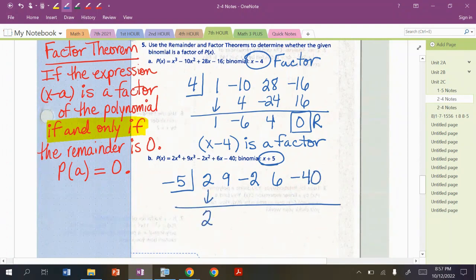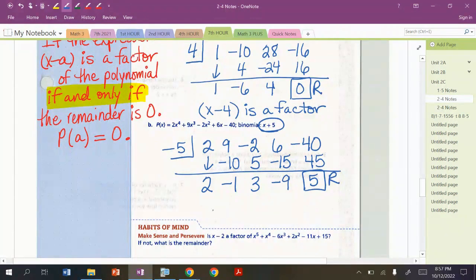Bring down the 2, multiply, -10, add, down, 5, 3, -15, -9, 45, and I get a remainder. So guess what? This is not a factor, because we got a remainder of 5. That is the end of the notes.